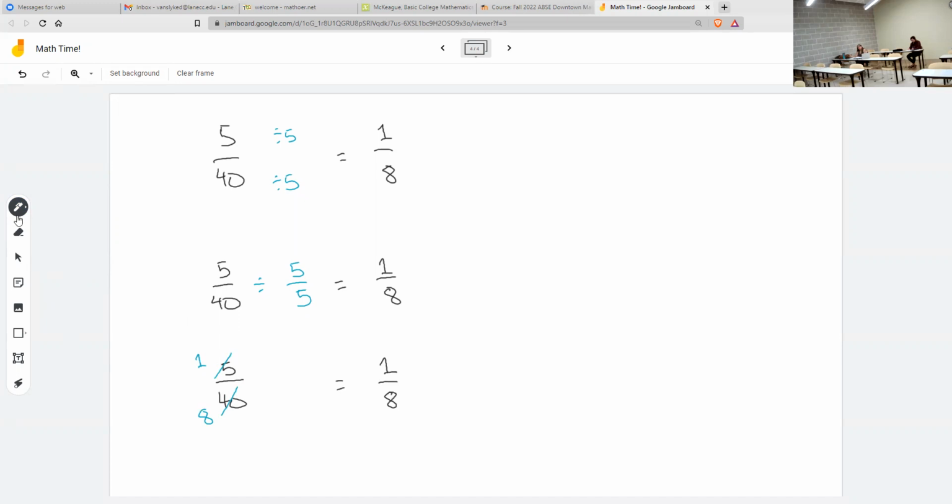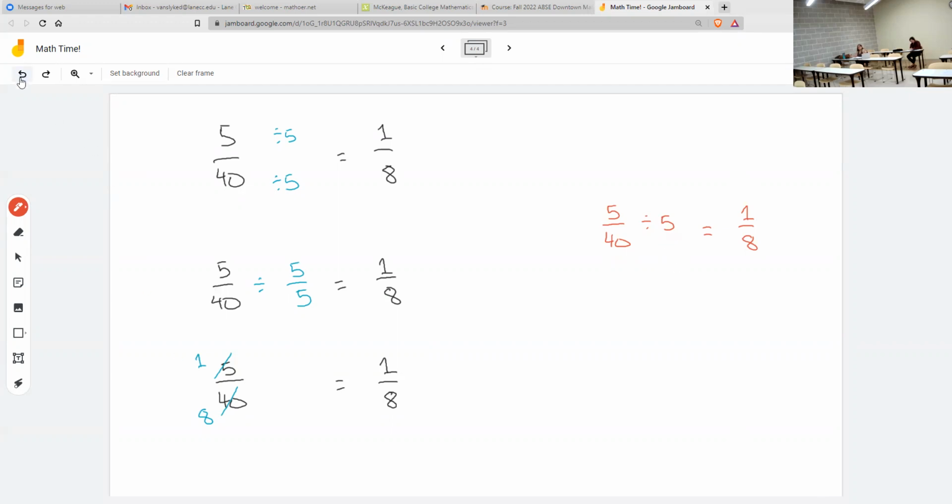The one you can't do is just a divided by 5, because that doesn't mean divide top and bottom by 5. 5 as a whole is the same as 5 divided by 1, which is a different thing from what we're doing.